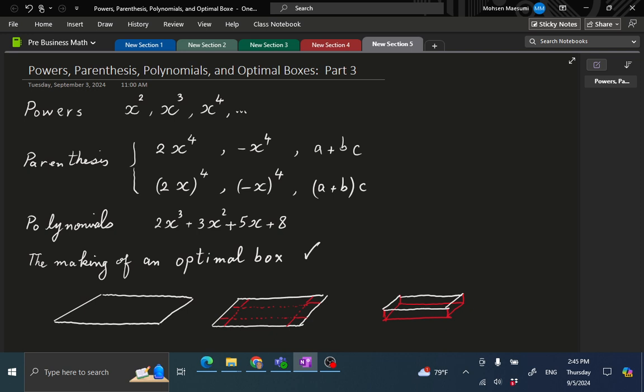and a typical design consideration is to make this volume the maximum it can be. Obviously if we make our square very small, the box is going to be very shallow and the volume of it will be very small.